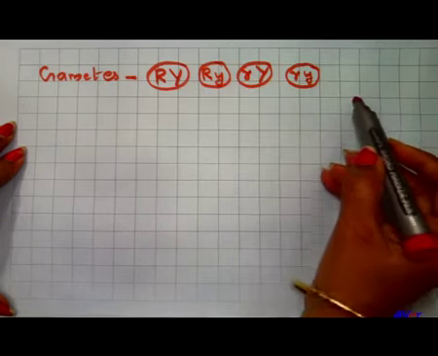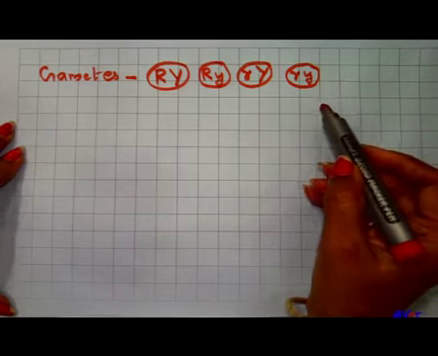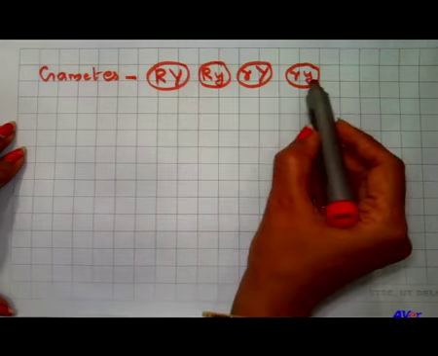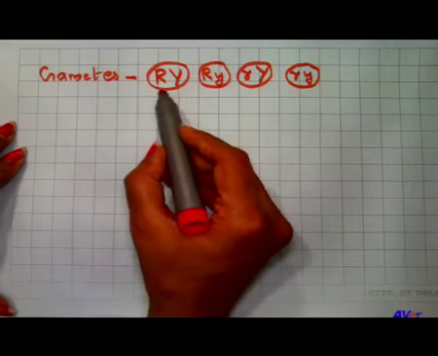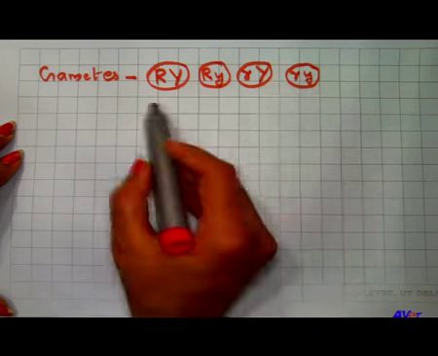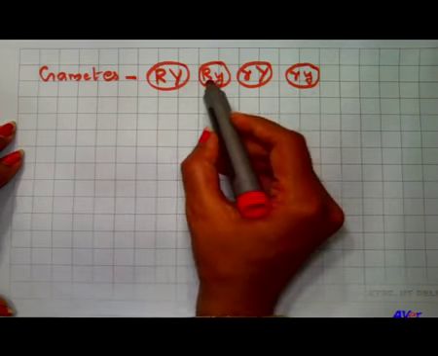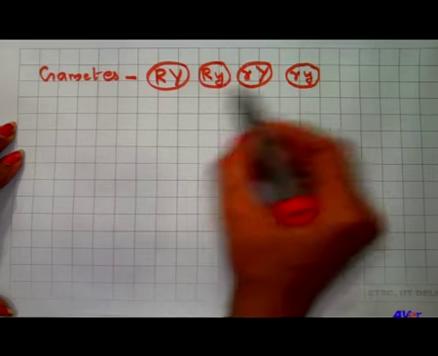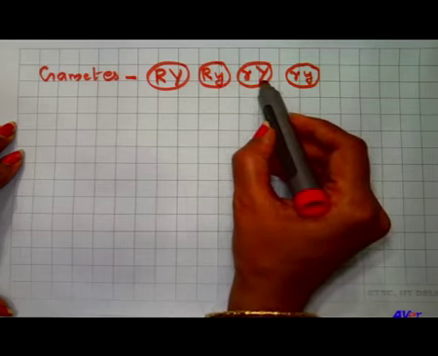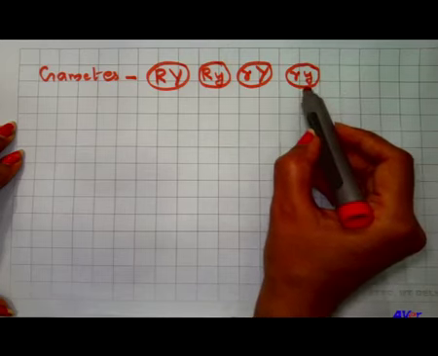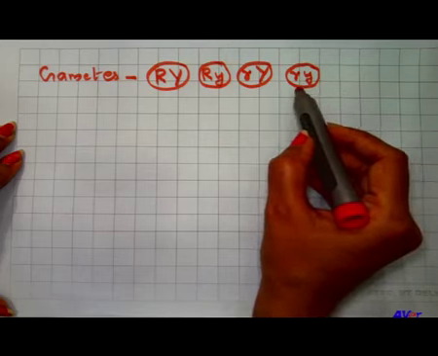Separated or segregated alleles unite at random, producing these 4 different types of gametes: capital R capital Y, capital R small y, small r capital Y, small r small y. So, these are the gametes produced by an F1 dihybrid.